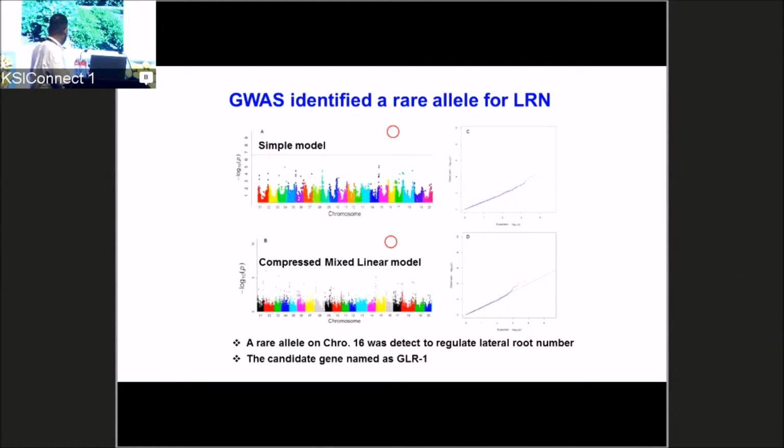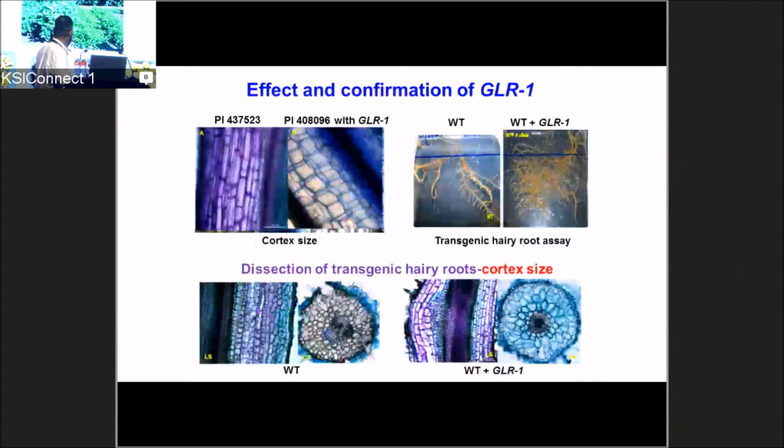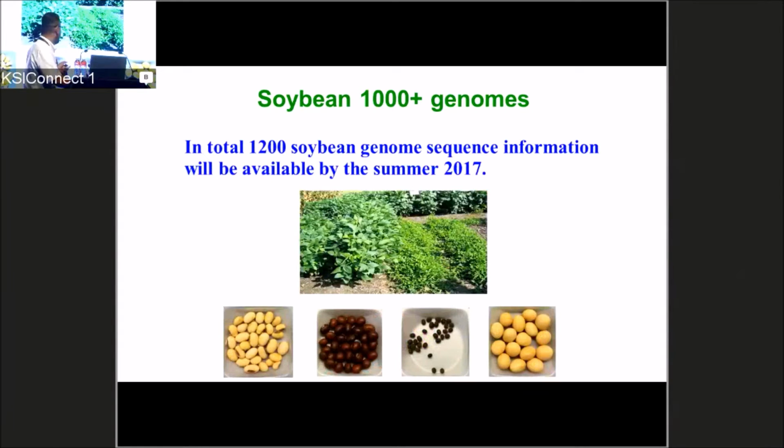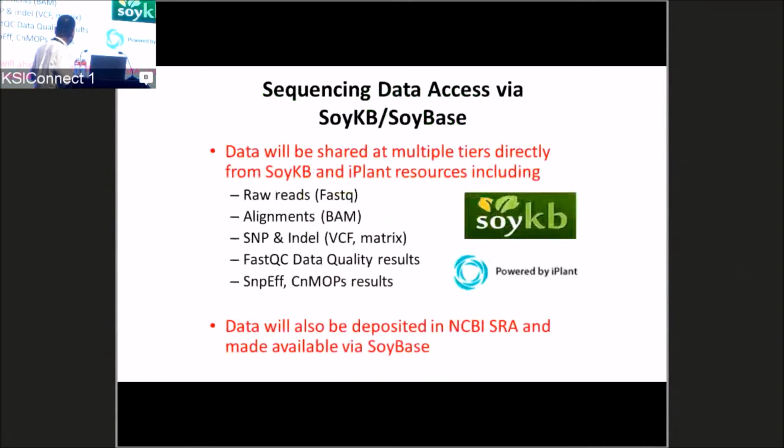At present we have about 1,200 soybean lines with genome sequences available, and we have the SNP matrix available for the 1,200 lines, which is used for looking at different phenotypes and trait discovery. All this soybean phenotypic and genotypic data is available in SoyKB and SoyBase.